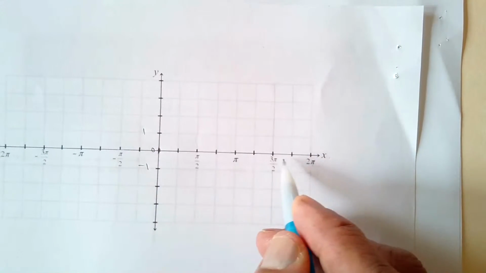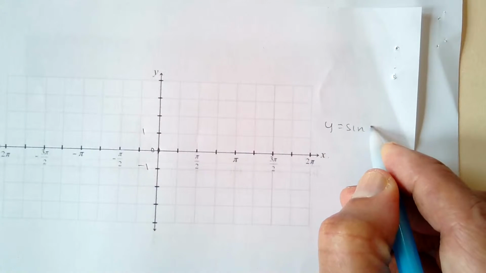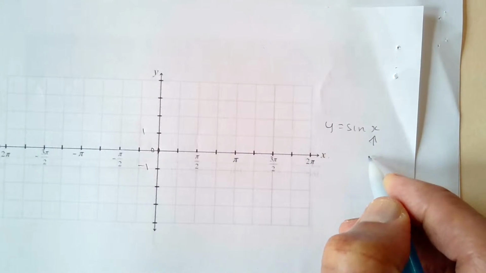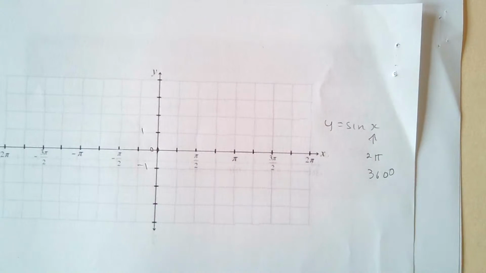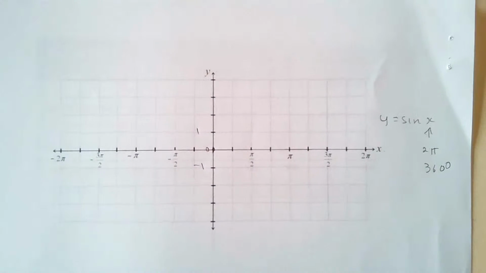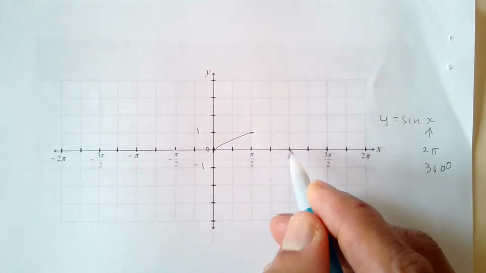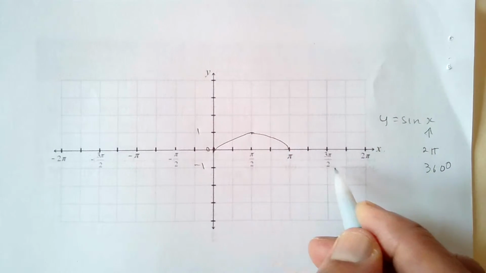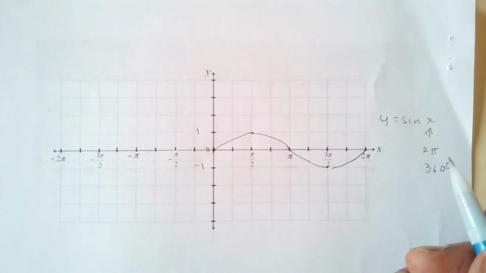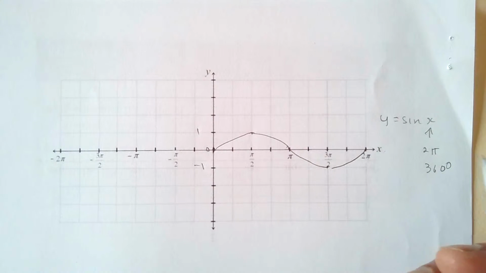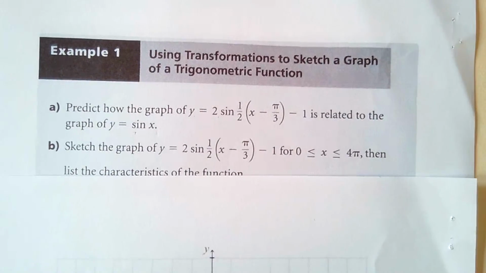So your sine function is y = sin x. Remember, one period is 2 pi, or 360 degrees. So our sine graph would look like this. Now, this is asking us how our function is related to it.